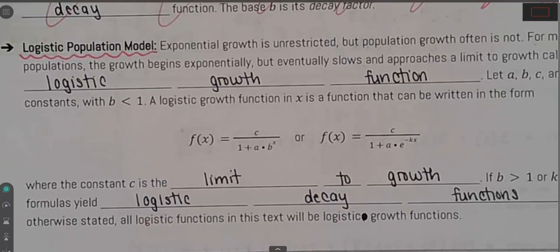So you guys already know that exponential functions look something like this. Logistic functions look similar to that at the beginning, but then they kind of curve off. There's an asymptote up here as well.